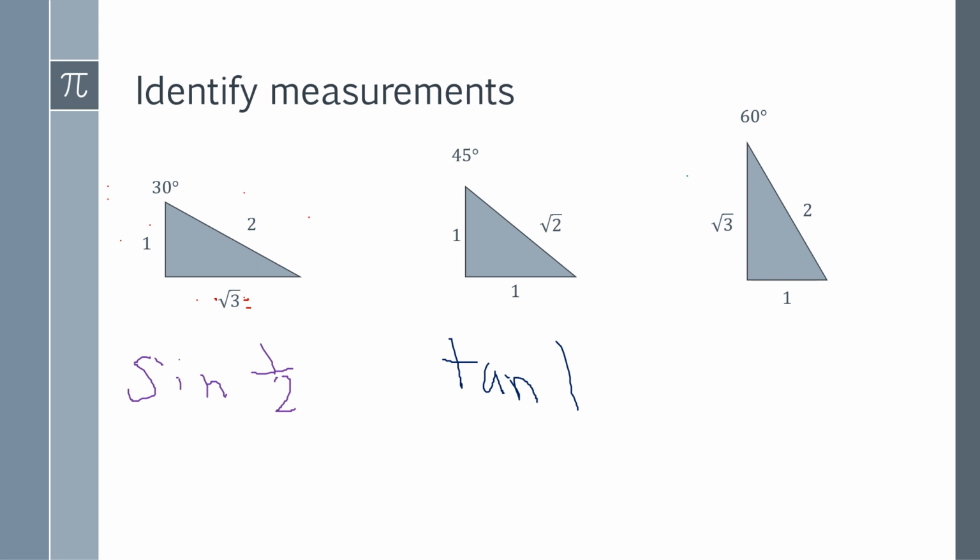And to understand sine of 30 degrees, I went opposite divided by the hypotenuse. Now, cosine of 60 degrees is just going to be 1 over 2. Now, I didn't do all 6 for each triangle, but I want you to do that, because that's going to help you with the next thing that we're going to do.